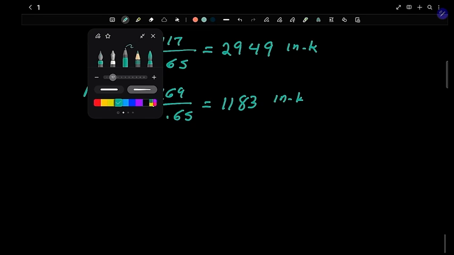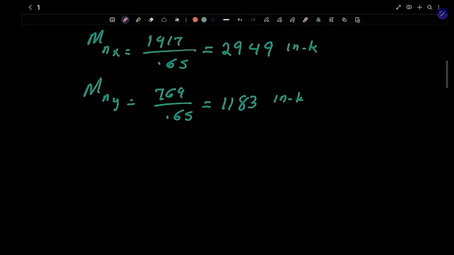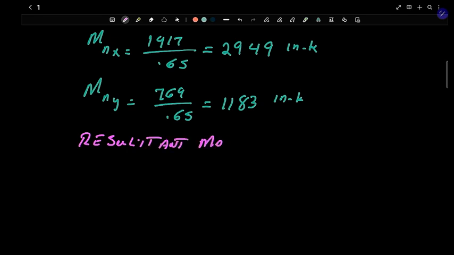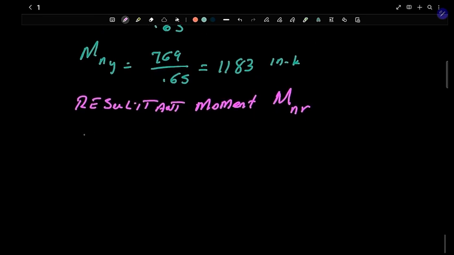So the next thing we're going to calculate is the resultant moment, Mr, the nominal resultant moment. So basically, it's a combination of those two. You know that already anyway.